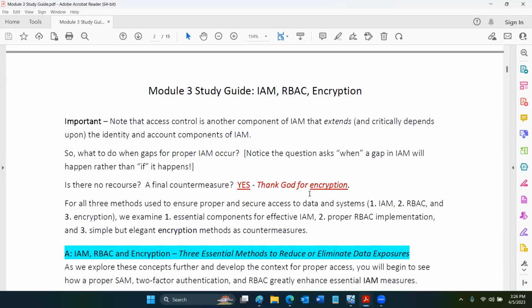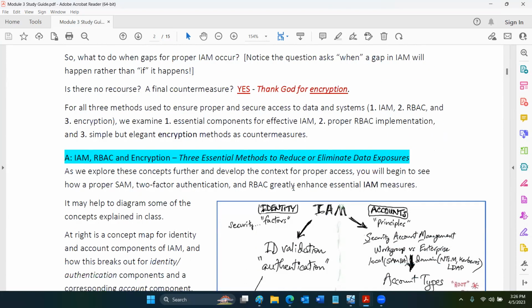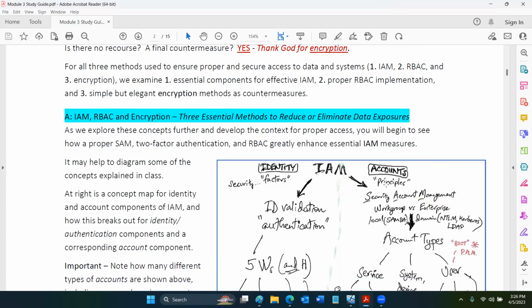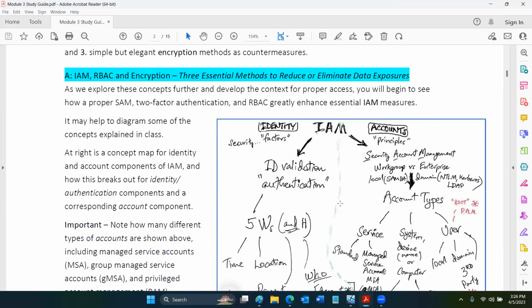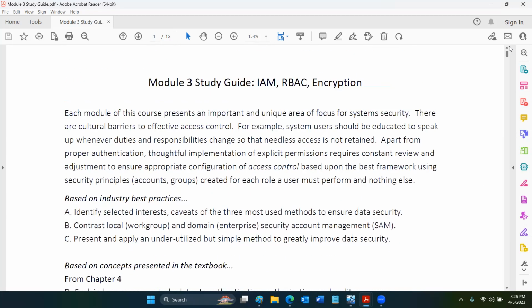So identity, IAM. You've seen this diagram before, correct? Yeah. We did show this to you before.